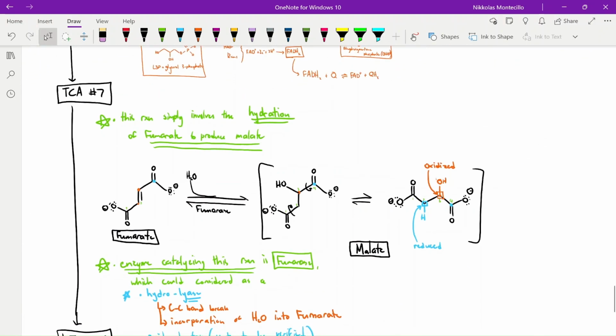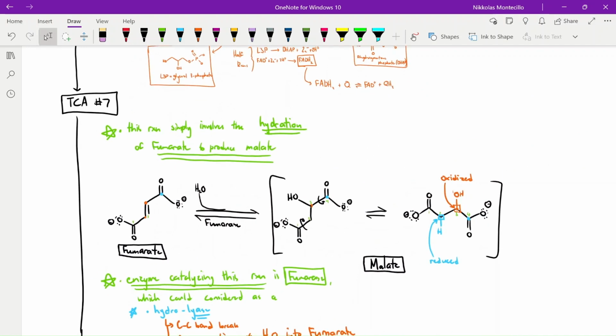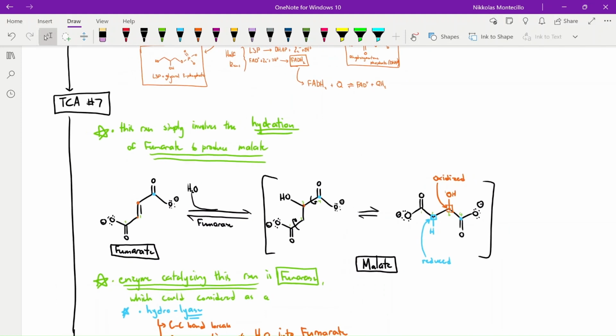So in the citric acid cycle, in TCA 7, we see here that fumarate will incorporate a water molecule to form malate, and the enzyme that facilitates this reaction is fumarase. Okay.